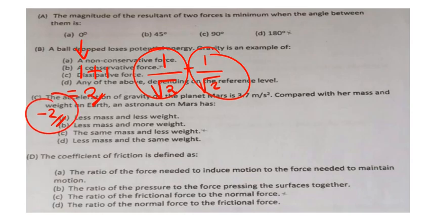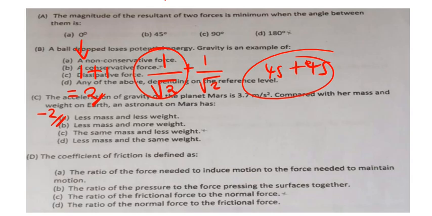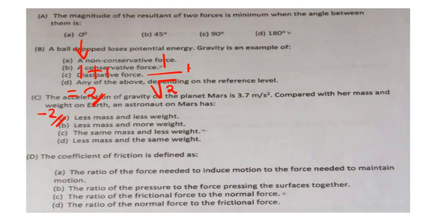Basically this will be maximum. Same with 90, because it's 45 plus 45, it will also give us a number that is not a negative. So basically the one that is going to give us the least in terms of calculations is 180, which gives us a negative answer. So basically for A it is D.